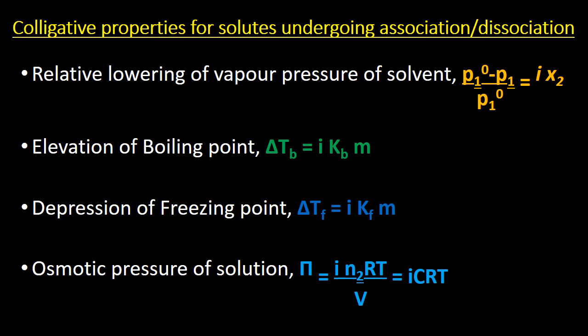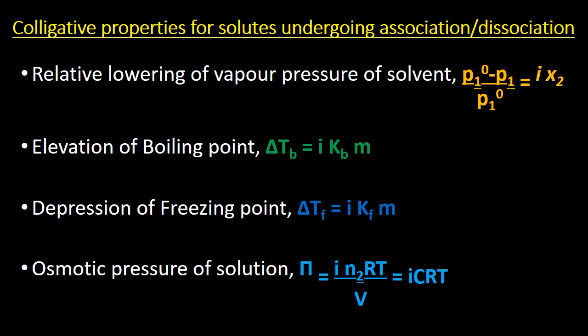The second property is elevation of boiling point. If you consider these solutes undergoing association or dissociation, delta Tb becomes equal to i into Kb into m.